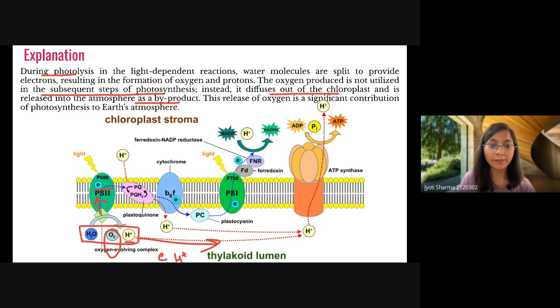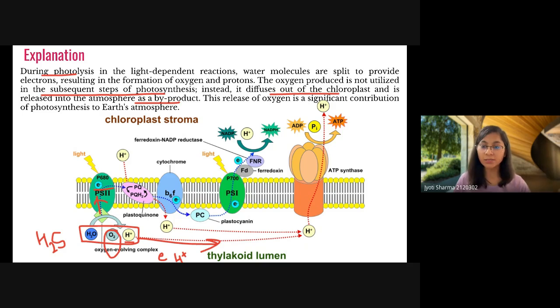So sulfur bacteria can also use this H2S. So if we are replacing water with H2S or some other molecule, then what will happen? No doubt they will release electron, they will release proton, but they will not release oxygen.